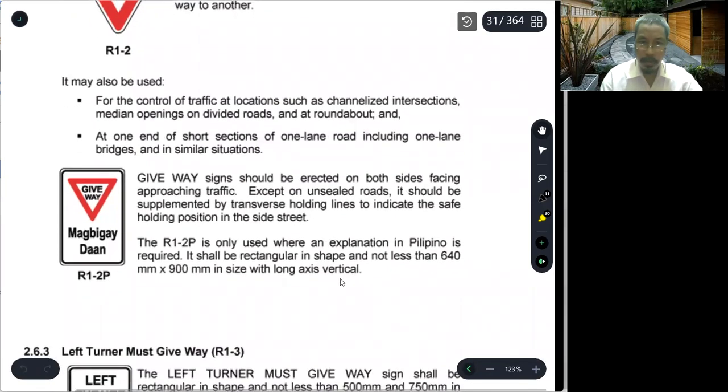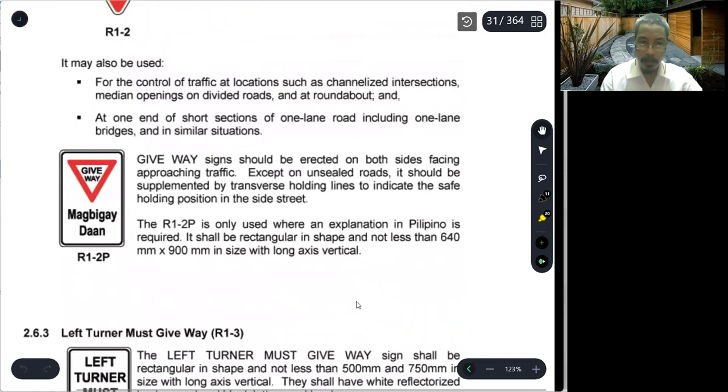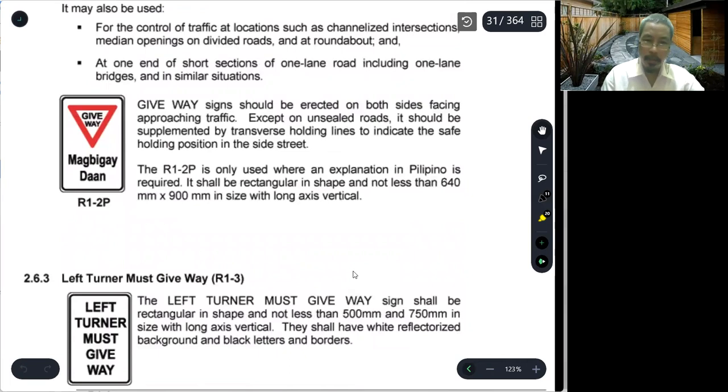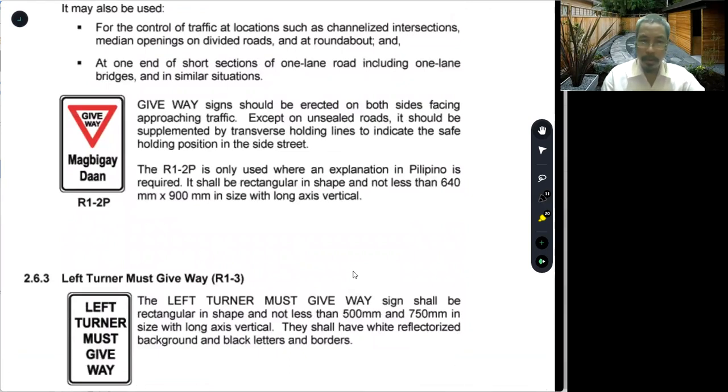Give way signs should be erected on both sides, facing approaching traffic. The R1-2P is only used where an explanation in Filipino is required. The inverted triangle is placed on a vertical rectangular background.